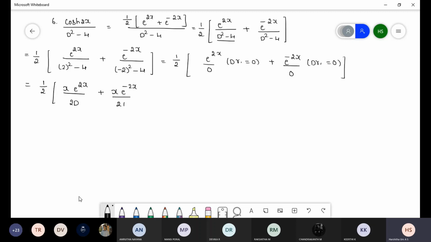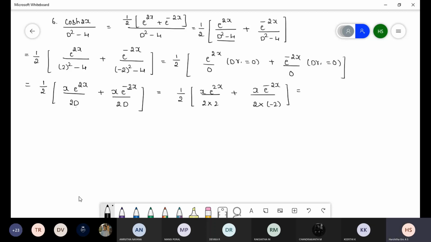Here also we get 2d. Again, here 1 by 2 x into e power 2x. Here our a value is 2. So 2 into 2 plus x into e power minus 2x. Here also our a value is minus 2.